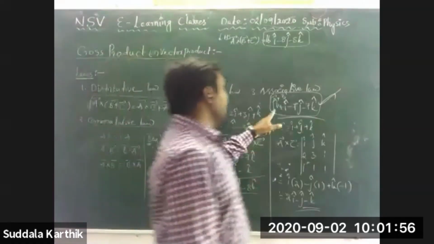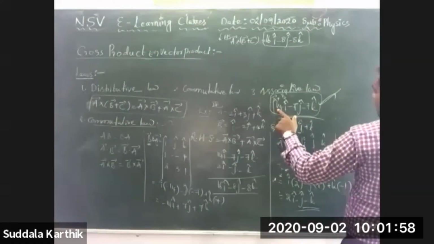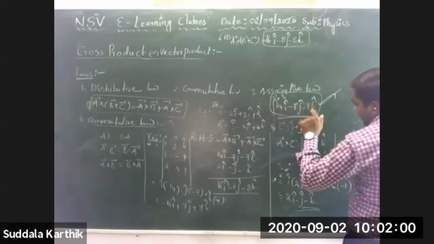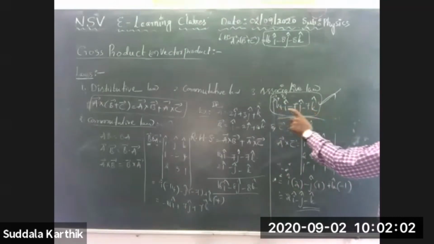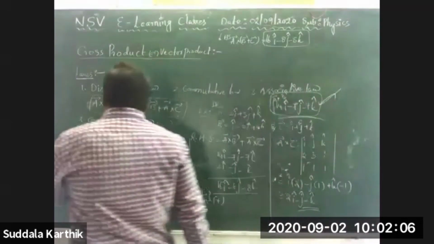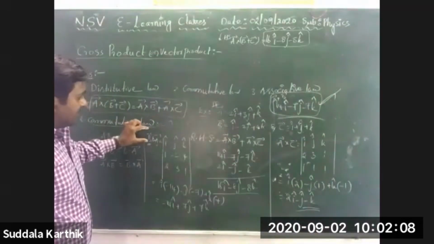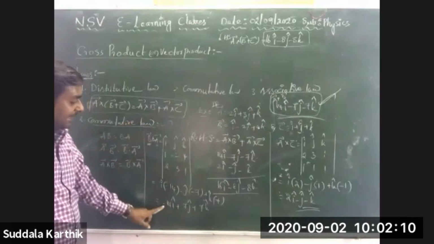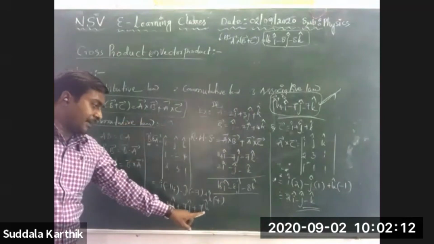Here A bar cross B bar is how much? 14 i cap minus 7 j cap minus 7 k cap. But in this, B bar cross A bar is how much? Minus 14 i cap plus 7 j cap plus 7 k cap.